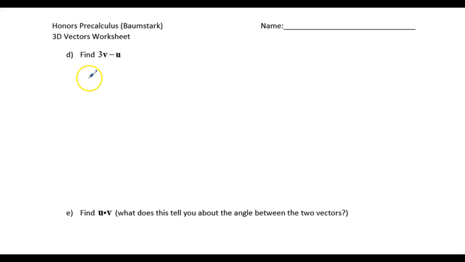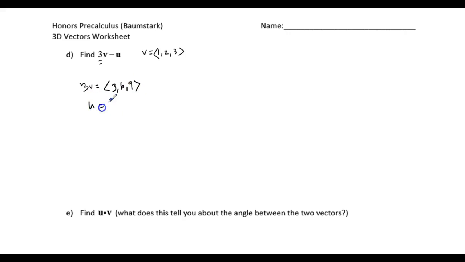All right, so letter d, we're trying to find 3v minus u. And recall that this 3 here is scalar multiplication, so we're essentially taking v and stretching it by a factor of 3 and then taking away u. So the first thing to do here would be to actually find 3v. If v is 1, 2, 3, 3v is just going to be 3, 6, 9.